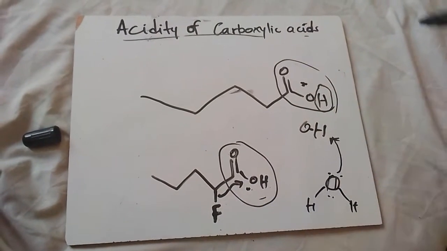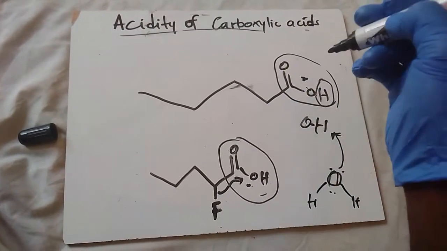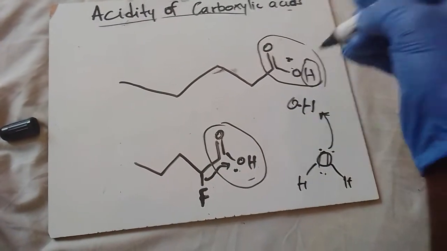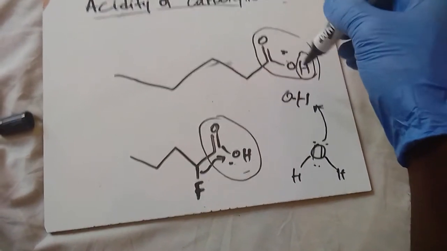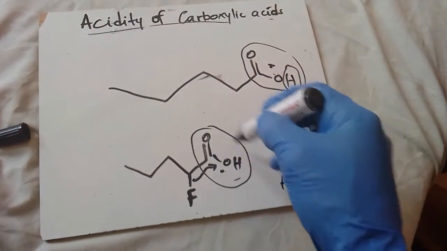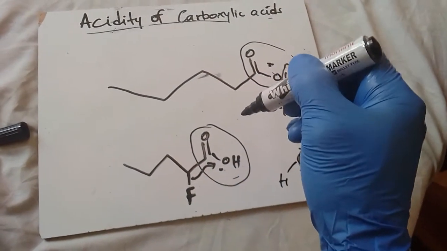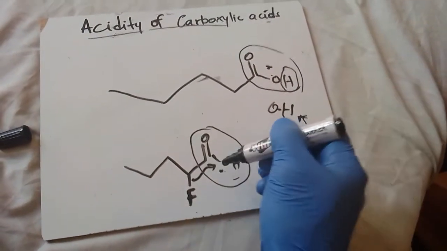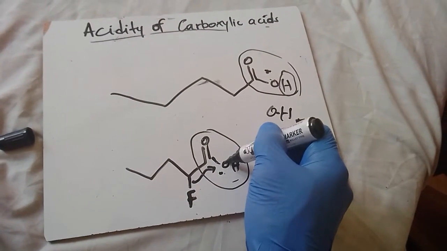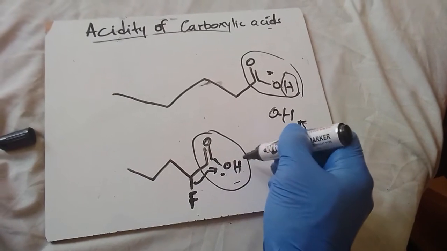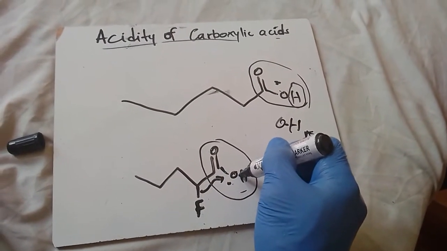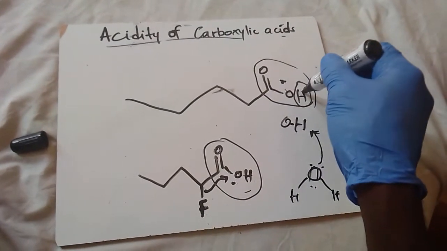So therefore, because of this presence, we are going to have more electrons here than here. And bear in mind, this oxygen just needs more electrons so as to balance the positive force of this hydrogen. So if this side is deficient of electrons, it means comparing this one and this one, the strength that this oxygen will get to bond to this hydrogen here is going to be less as compared to this side.